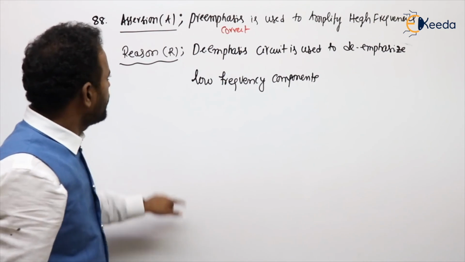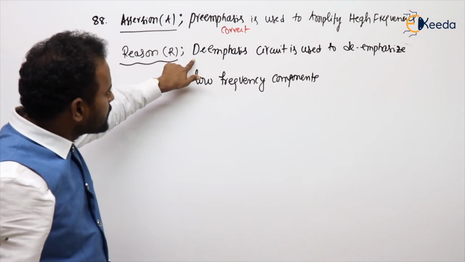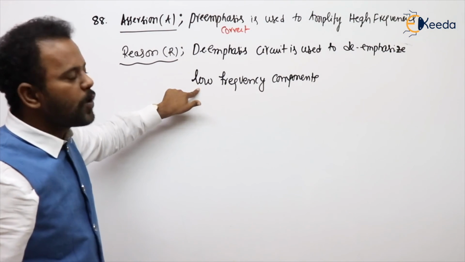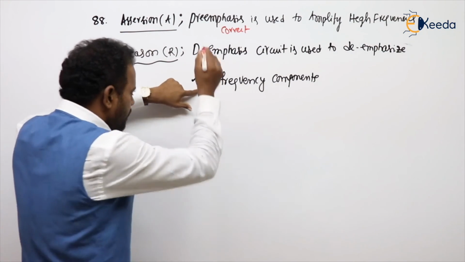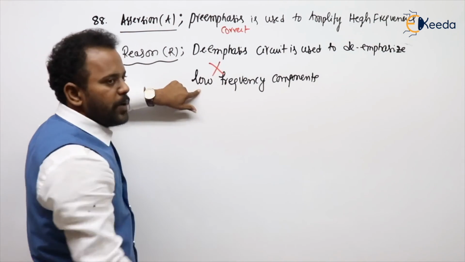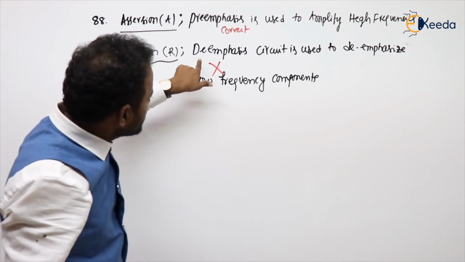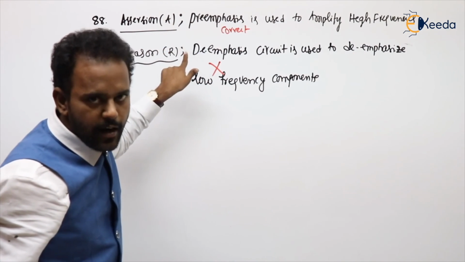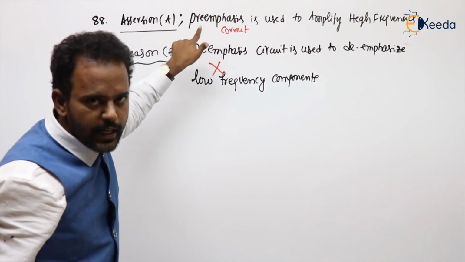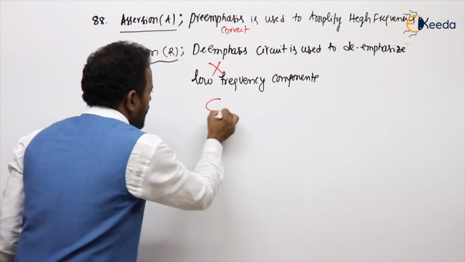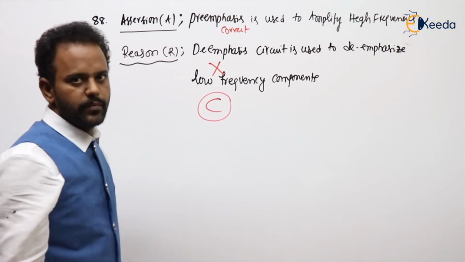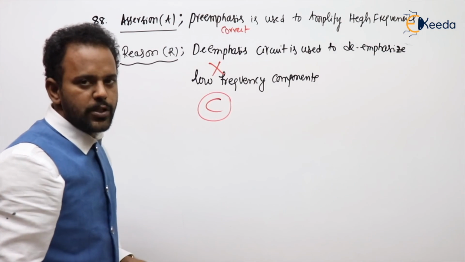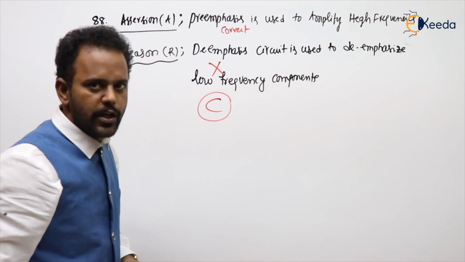But see the reason: the de-emphasis circuit is used to de-emphasize low frequency components. No. For the same high frequency components we use it. So the reason is wrong. There is no discussion of whether it is the correct reason. So the assertion is correct, the reason is wrong, so directly option C. Pre-emphasis and de-emphasis are both used for high frequency components only.